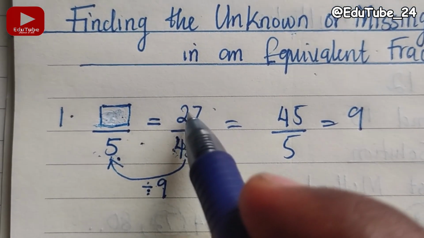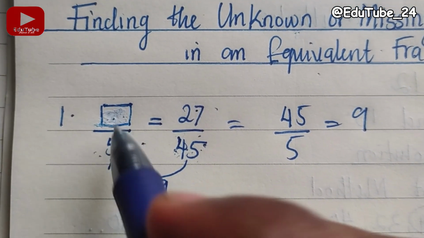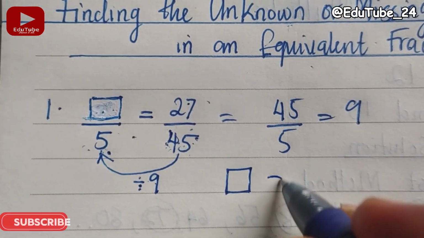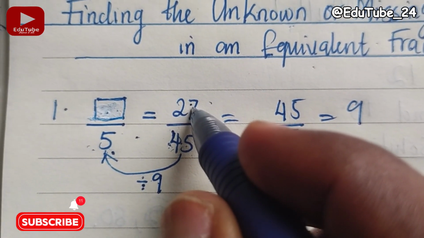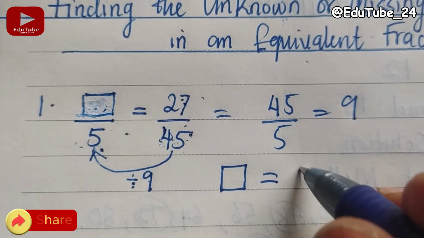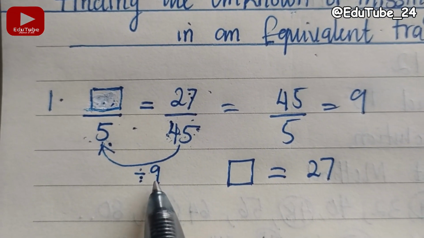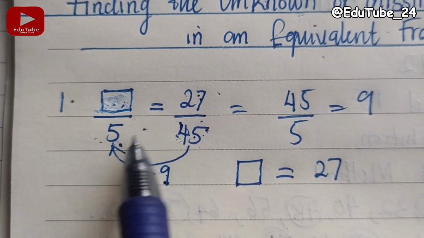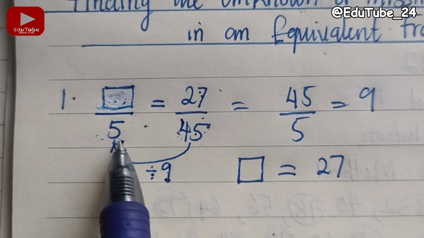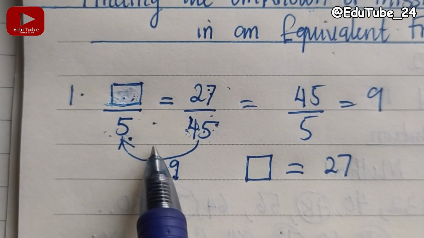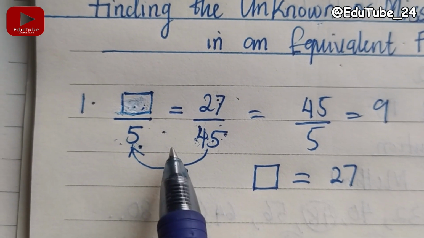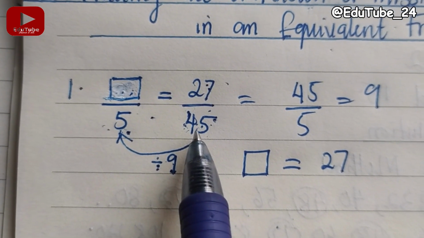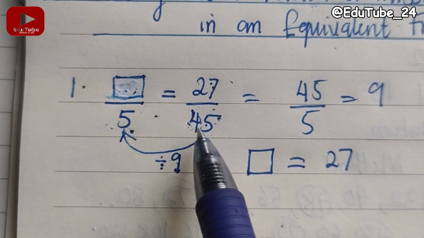So that means 9 should also decrease 27 to get our missing number. To find our missing number, which is a box, I will say box is equal to 27, remember, 27 is decreasing to this box. Since I now know that 9 is the common divisor that decreased 45 to 5, remember, equivalent fractions are built by multiplying or dividing the numerators and the denominators by the same multiplier or the same divisor.